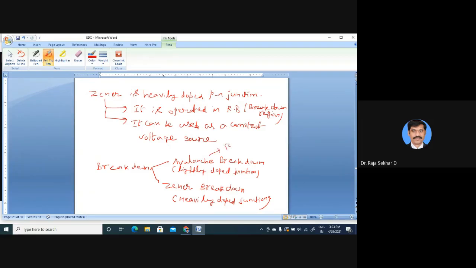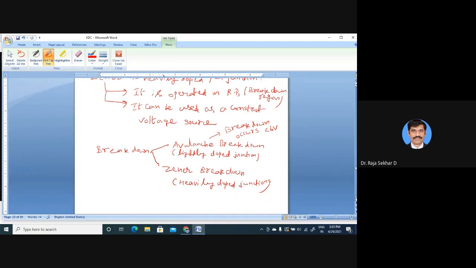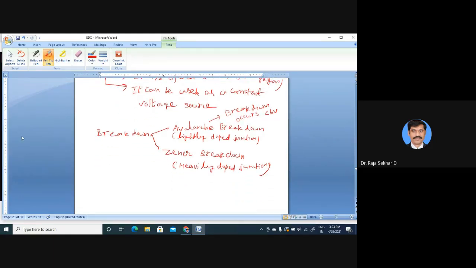Here, breakdown occurs for VR less than 6 volts.